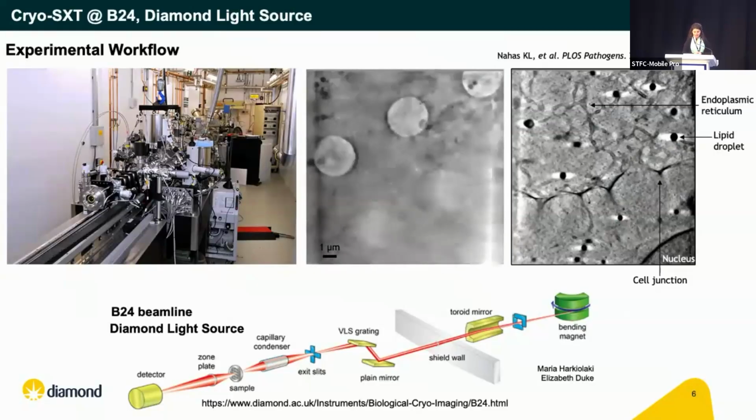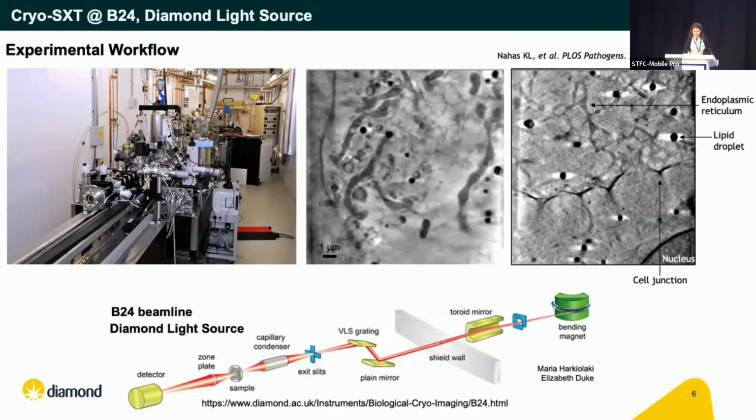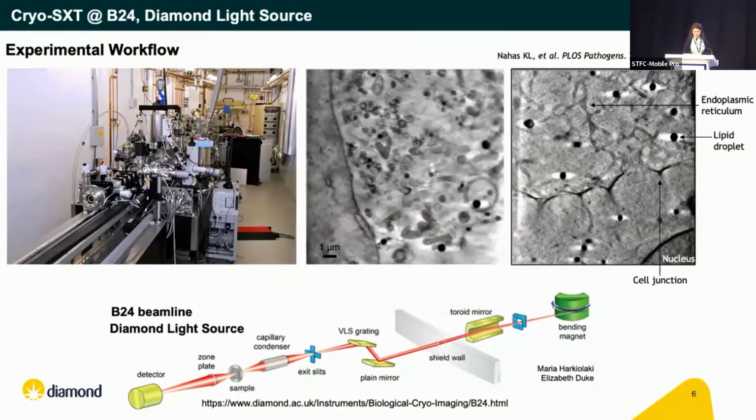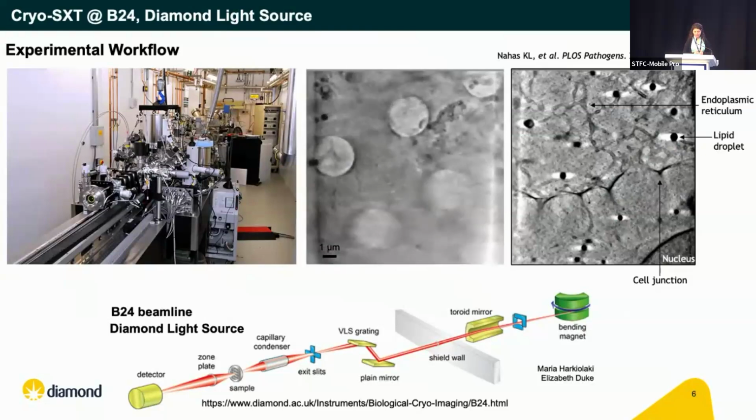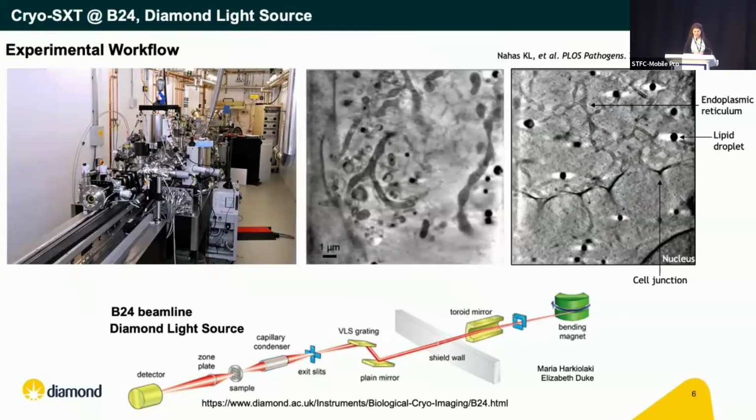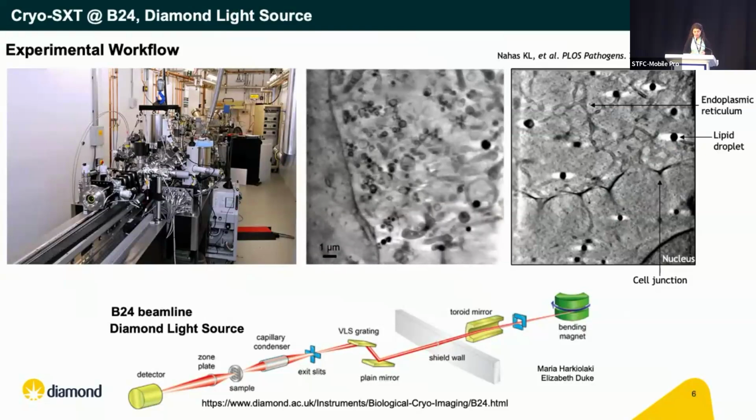Given the different absorption of each organelle and their composition, we basically have different patterns and different morphology that can be identified, which are specific for each organelle.